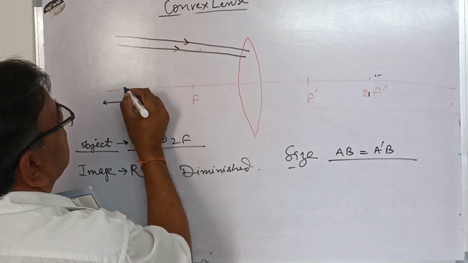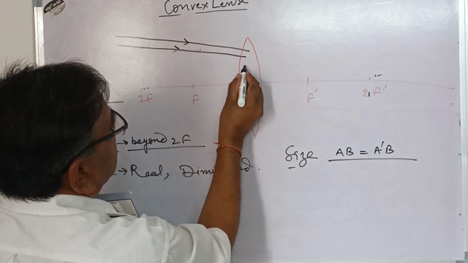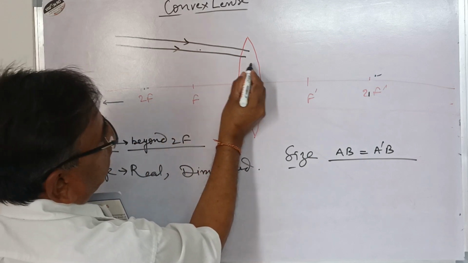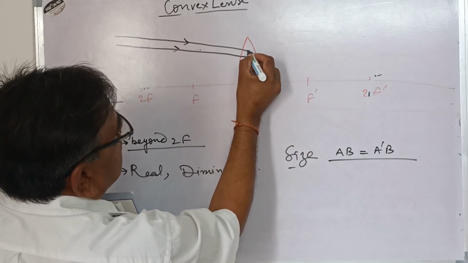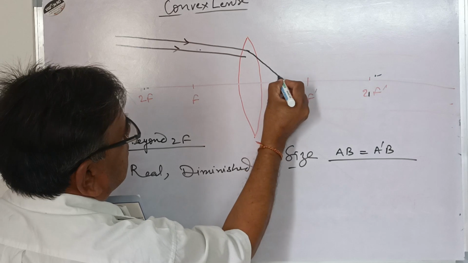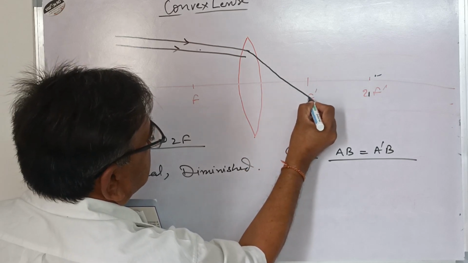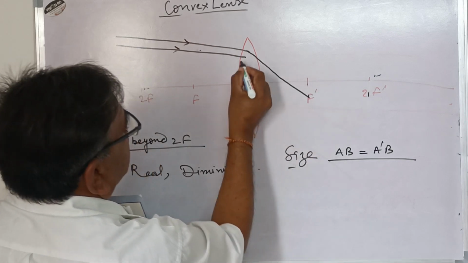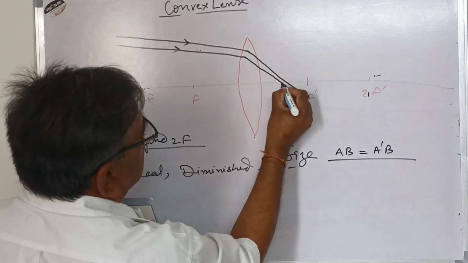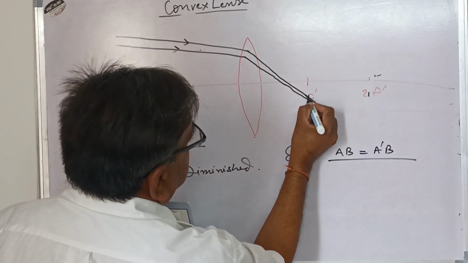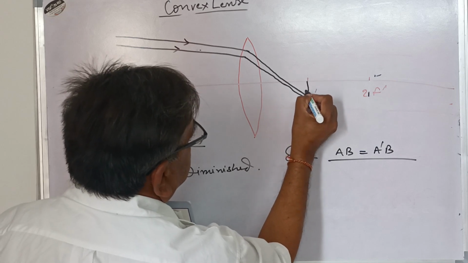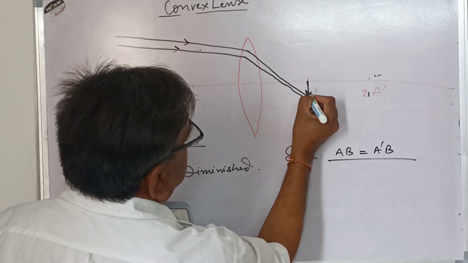If a ray were parallel to the principal axis, it would go through F. It is not parallel, and since it is very far, after refraction this will come here below F, and this will also come here below F, and they will cut here. So this will be the image of the object.